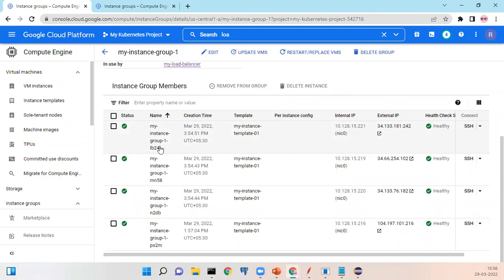Okay, so in summary, what we have done: when we started the test, we had only one VM instance, and we were trying to hit the default web page configured in that particular VM. So through that, we wanted to generate the load. So we started with user load.